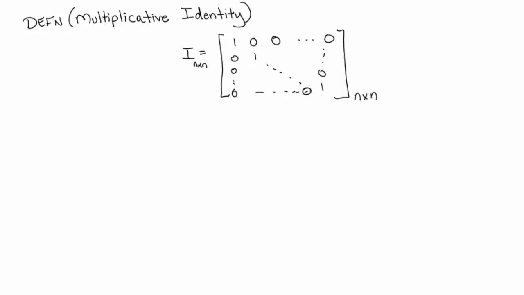Remember, with addition, you can commute: A plus B was B plus A. But let me put this in red, and I'll say, warning: A times B is not necessarily B times A. It can be, but it's not necessarily always equal to B times A. So commutativity of multiplication fails.